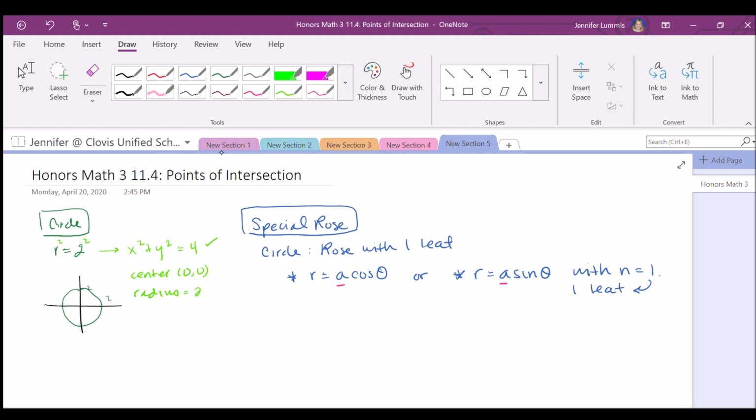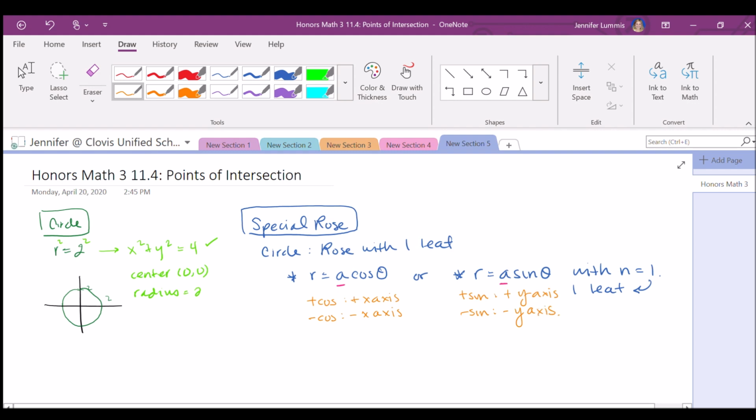So remember that positive cosine is going to be the positive x-axis, negative cosine, the negative x-axis. Positive sine is going to be the positive y-axis. Negative sine is going to be the negative y-axis.